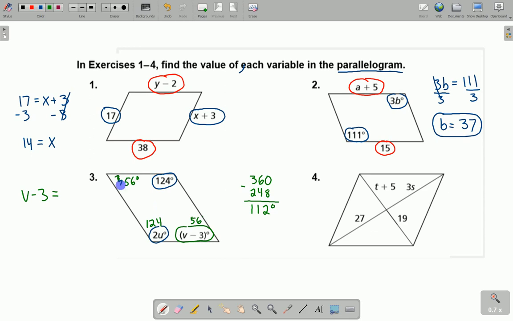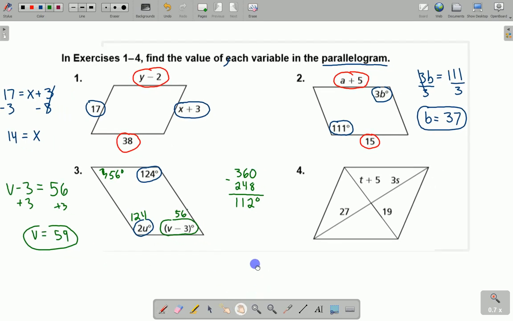We needed to know what this opposite angle was for our equation, so we now know this is 56 degrees. Now we can finish our algebra problem. So add 3, V must be equal to 59. So there we had to use two geometric properties to finish our algebra problem.